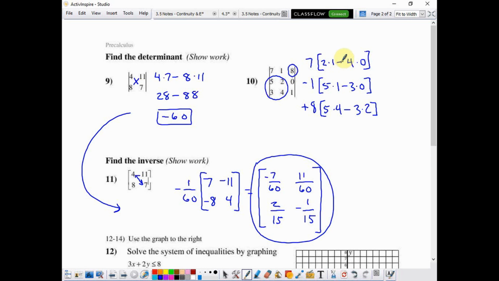So it's 2 times 1 minus 4 times 0 is 2. So we have 7 times 2 minus 5 times 1 minus 3 times 0 is 5, so 1 times 5 plus 8 times 5 times 4 is 20, 3 times 2 is 6, 20 minus 6 is 14.